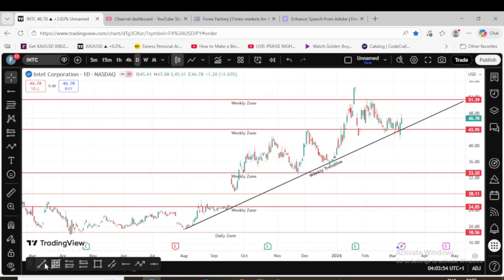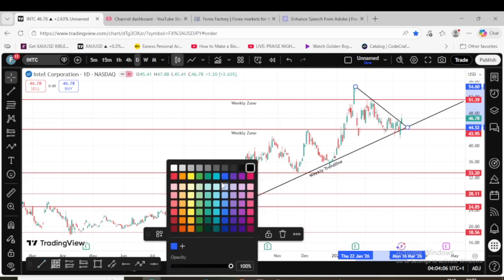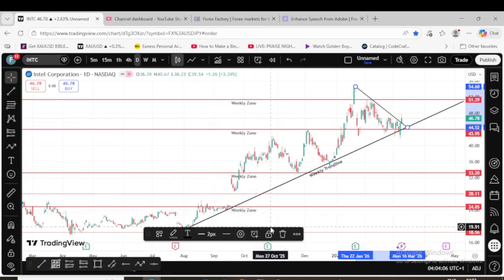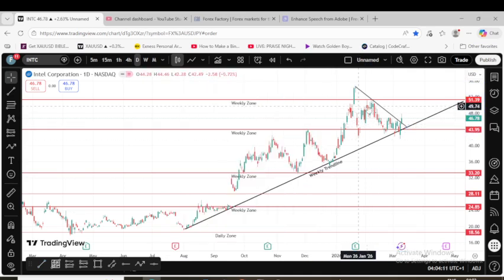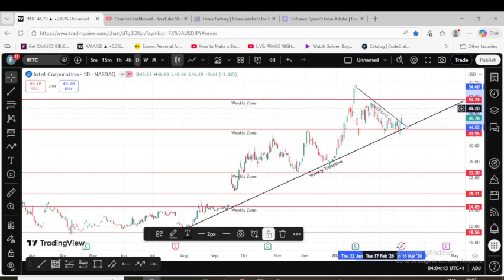As for trend lines, since we've already identified our daily zones, I believe we can draw one like this. Let's change the color. So this would now be our daily trend line.